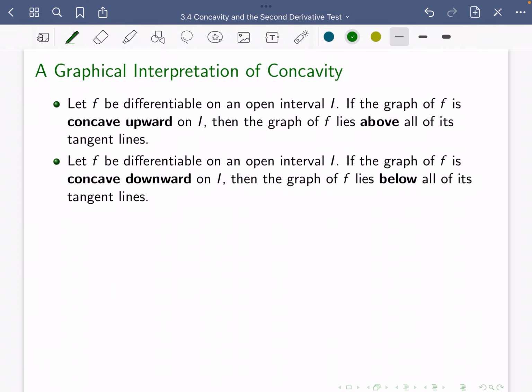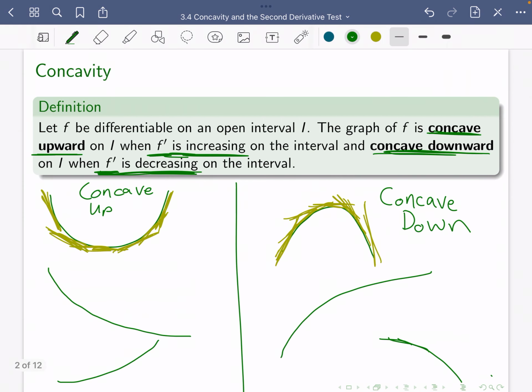A graphical interpretation: let f be differentiable on an open interval. If the graph of f is concave up, then the graph lies above all of its tangent lines. So if we were to turn back and look at those tangent lines that we drew on that first one where it was concave up, that graph is above the tangent lines.